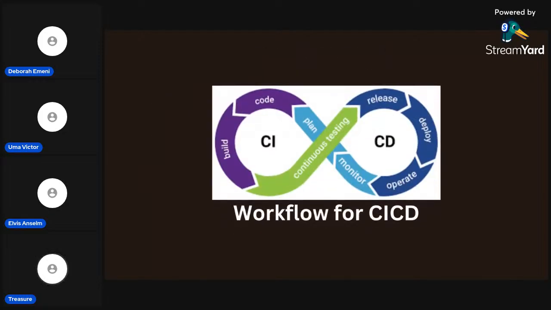Here is a diagram explaining the CI/CD flow. As you can see, it's like an infinity symbol that is connected to each other. This implies that the CI/CD flow can move from one point to another and back to the point seamlessly without any obstruction. You have the code, you build the code, then you test the code, then you make a release to the environment you're supposed to release to.